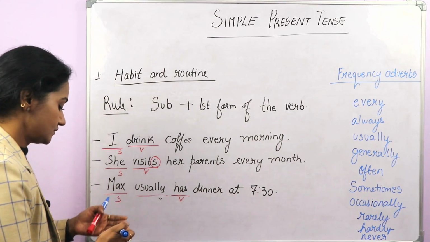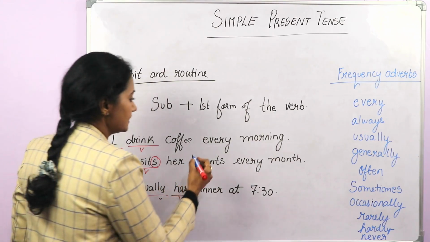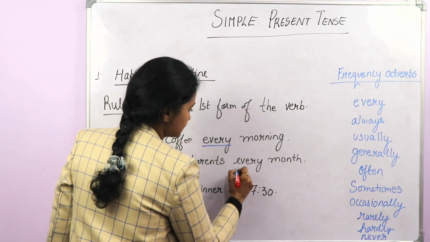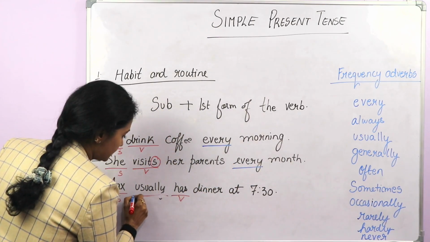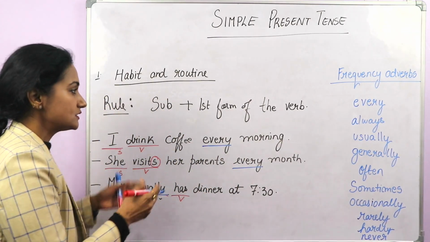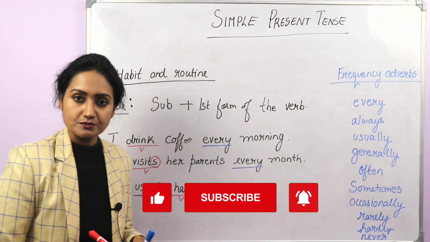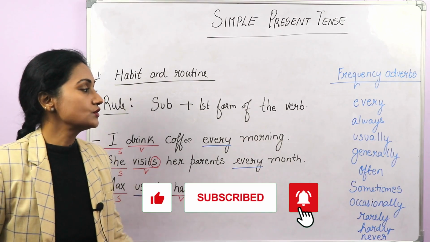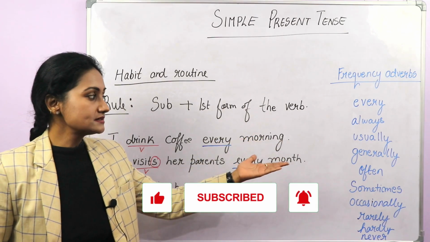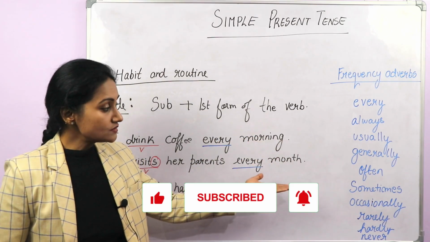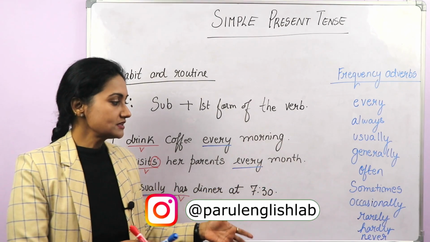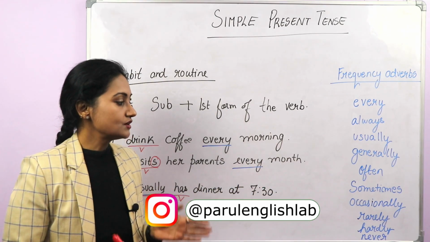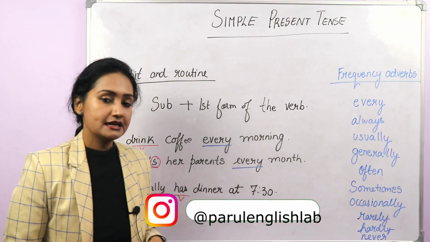Now you must be noticing these words: every, usually. These are called frequency adverbs, which tell us about frequency. Like you can have a look: every, always, usually, generally, often, sometimes, occasionally, rarely, hardly, never.